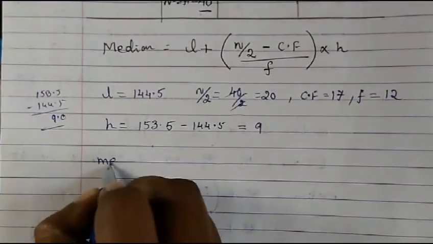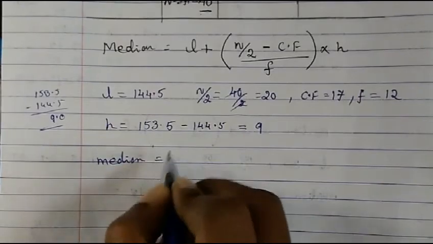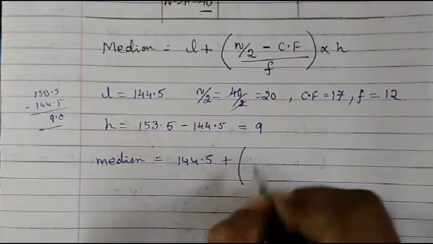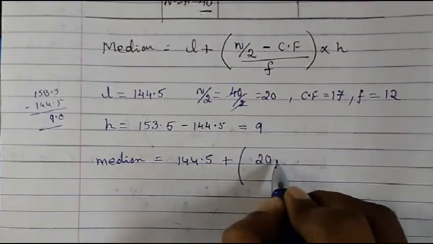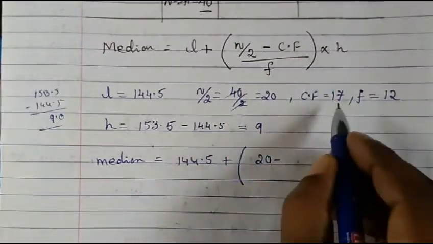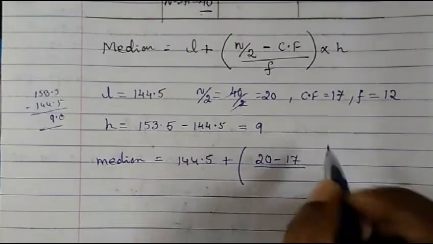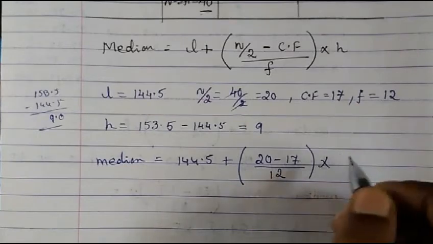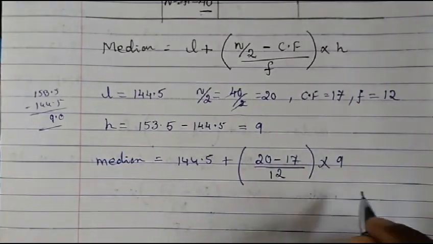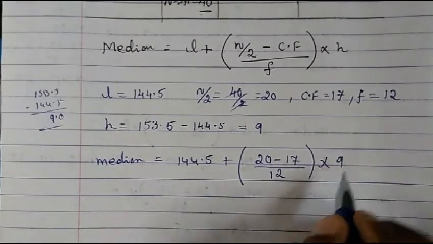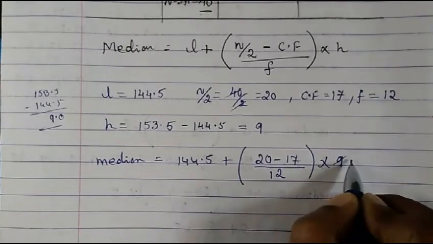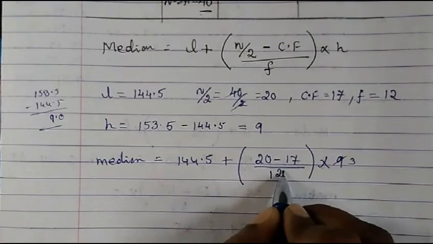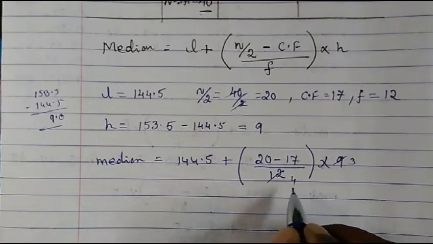Now let's put it in. Median we have to find out. L is 144.5. n upon 2 is 20 minus CF 17, frequency is 12, h is 9. Now with table 3 you can cancel: 3 times 3 is 9, 4 times 3 is 12.